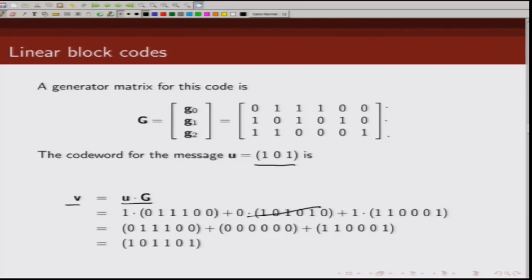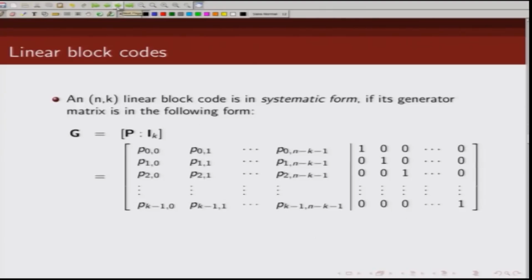So, let us look: 0 plus 1 would be 1, 1 plus 1 would be 0, 1 plus 0 is 1, 1 plus 0 is 1, 0 plus 0 is 0 and 0 plus 1 is 1. So, my code word corresponding to the information bits 101 is given by 101101.